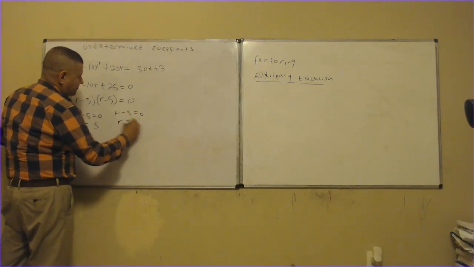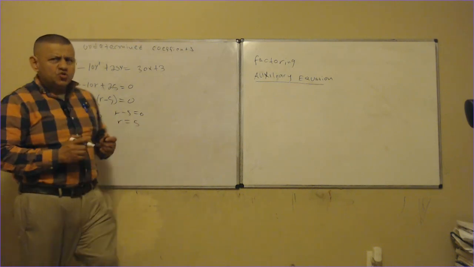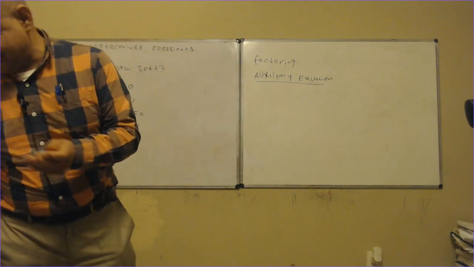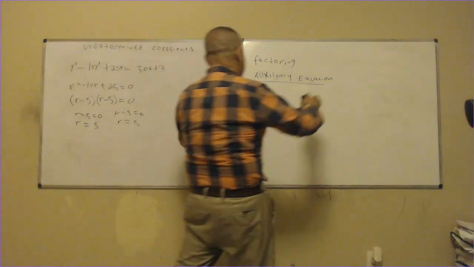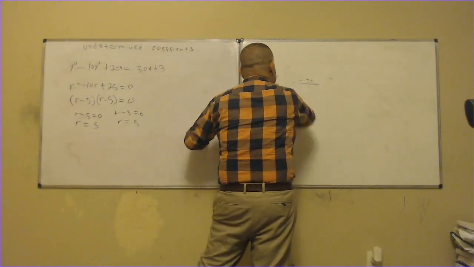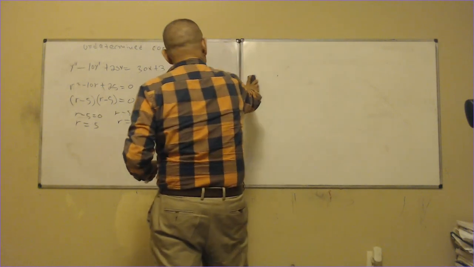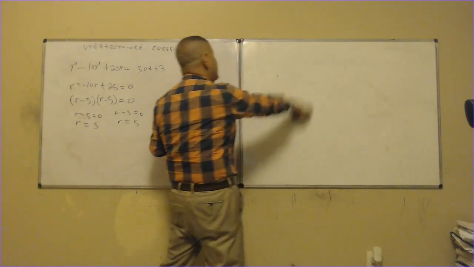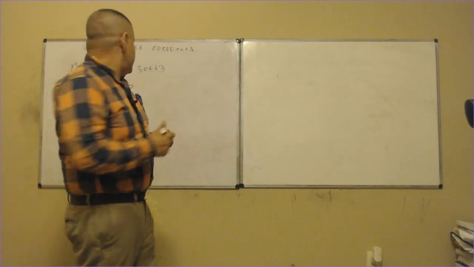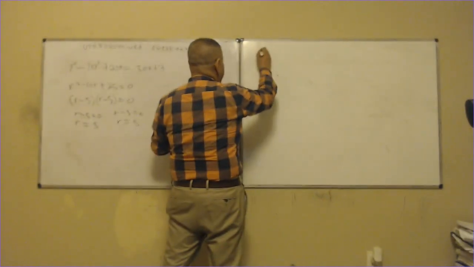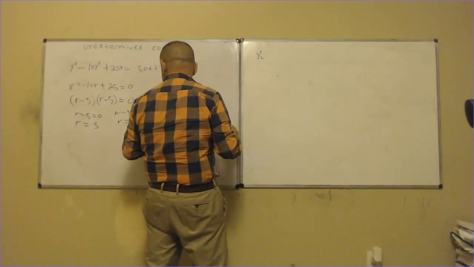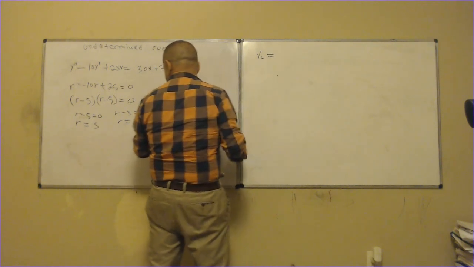So r is equal to 5. Notice that I have two roots that are the same. And when I have two roots that are the same, the complementary solution, y complementary, is going to be the following.